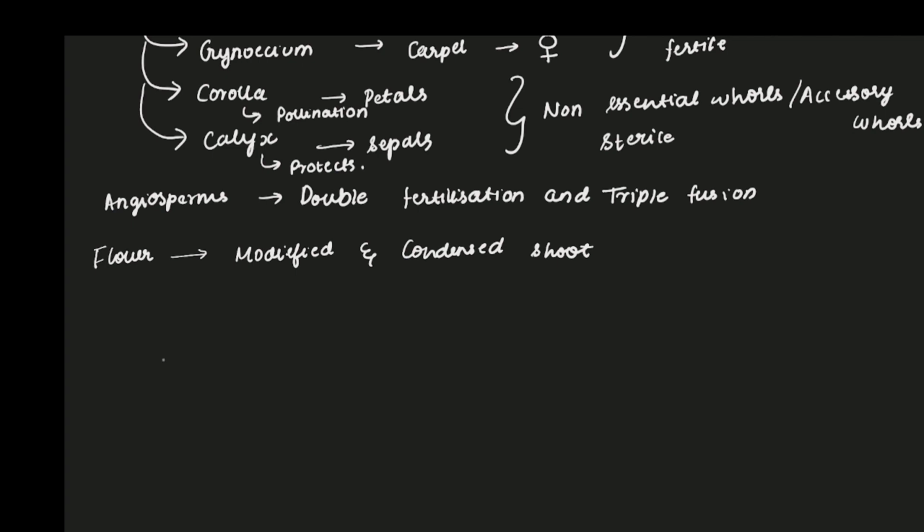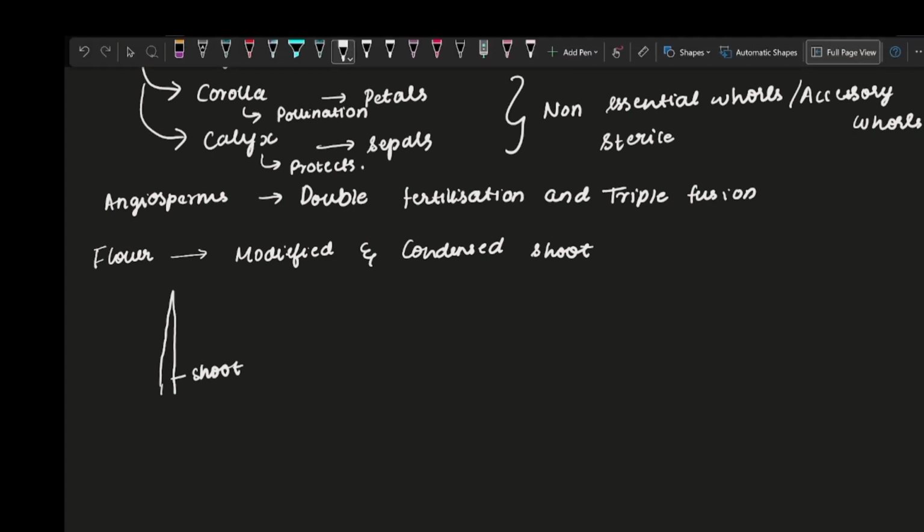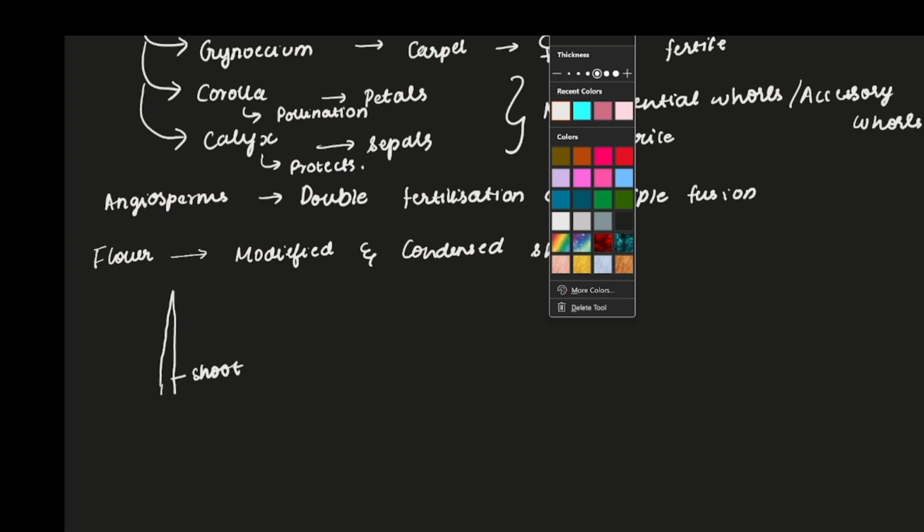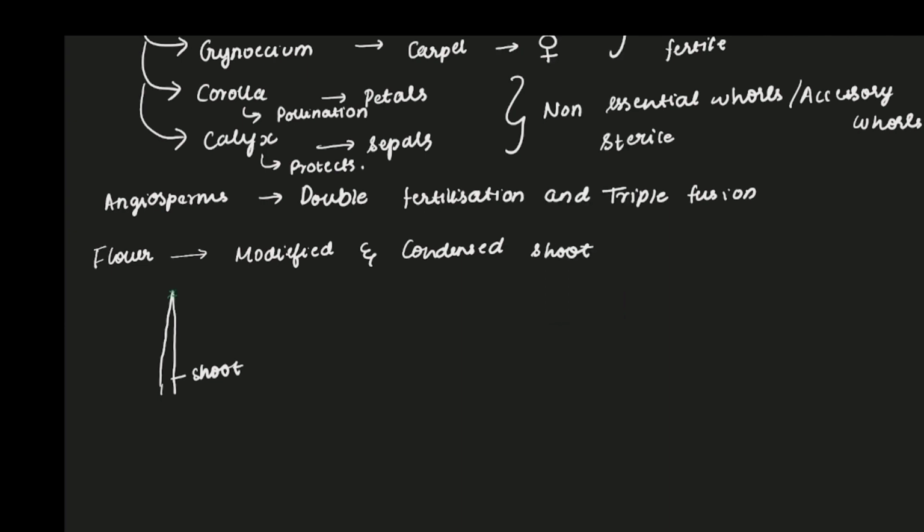Well, let me give you a diagrammatic representation. So this is a shoot or some stem. Let's take it as a shoot. The tip of the shoot is known as the apical meristem.